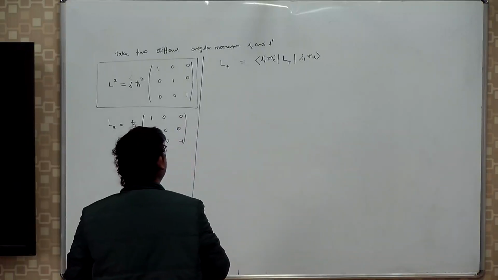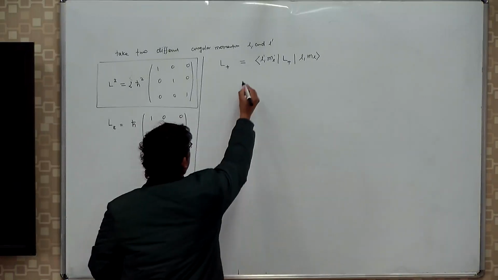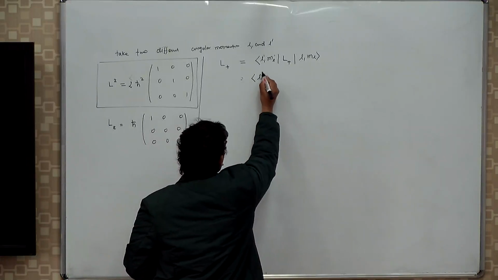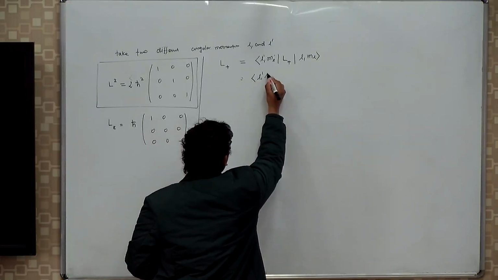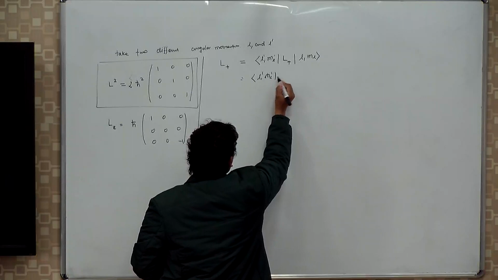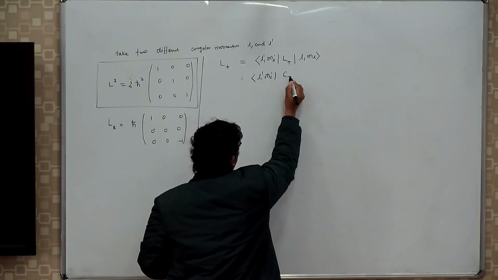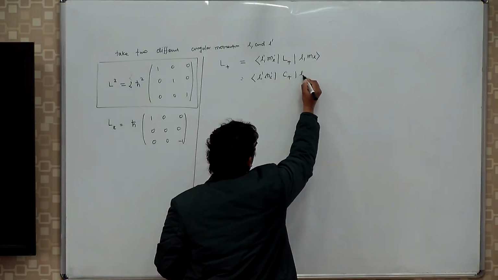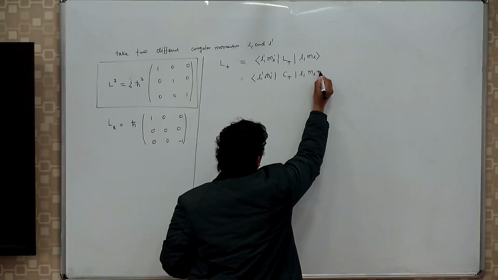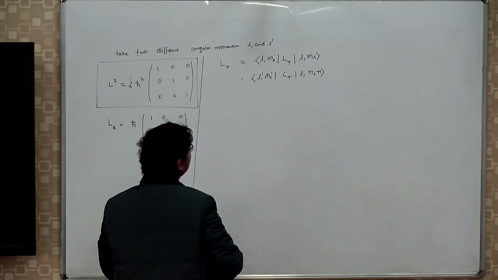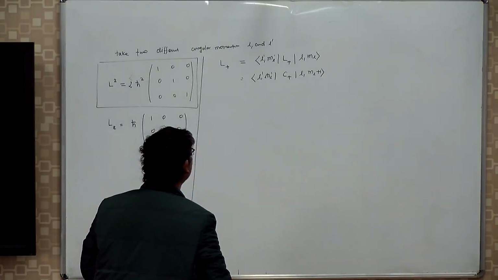We know the value of L plus acting on the state is C plus times |L, m_l plus 1⟩, one notch up in the spin quantum number.